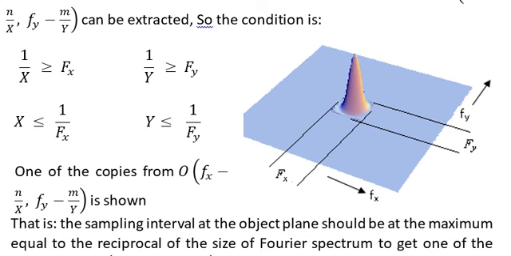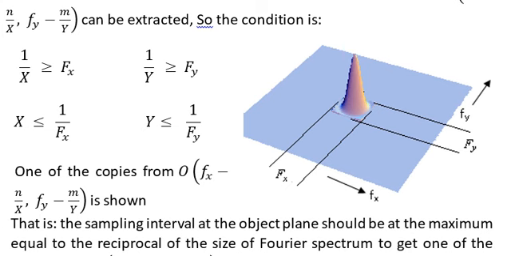Now you know that the next copy will be located along the fx direction and also along the fy direction. But if those copies are separated in such a way that their separation is greater than the dimensions Fx and Fy, then you can separate out those copies.